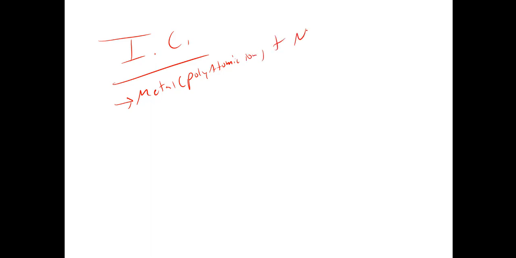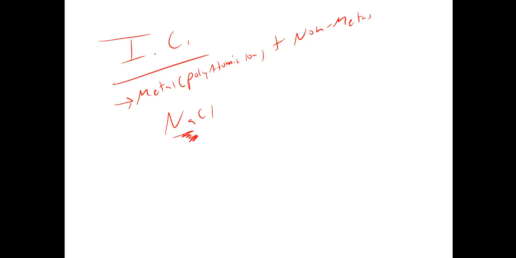In short, you know you're dealing with an ionic compound if you see a metal or a polyatomic ion and a non-metal. So for example, the best one to use is sodium chloride.